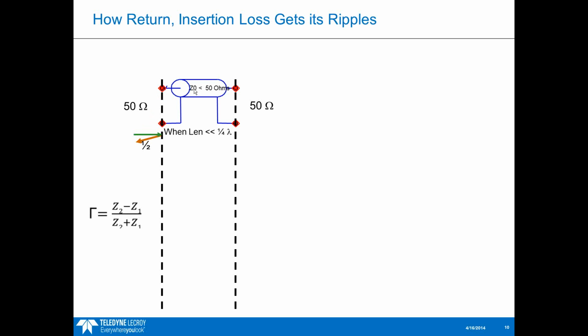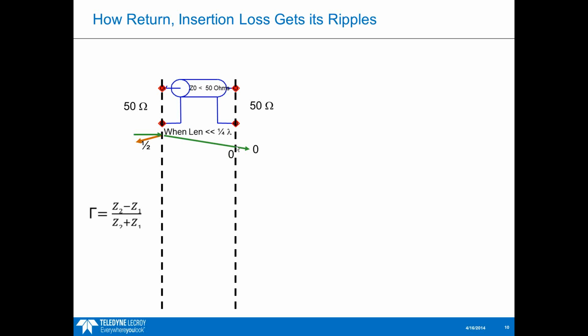But some of the waveform also goes through the interconnect and transmits out the other side. Remember, the length of this interconnect is much less than a quarter wavelength, so the phase shift we get traveling through the interconnect is basically 0.